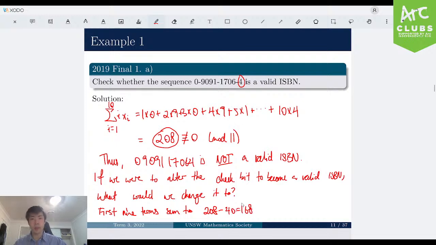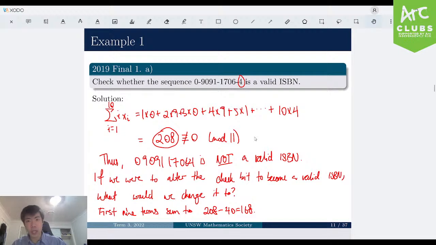Now we know that we need this last check bit to be a number between 0 and 9, such that 168 plus 10 times this last digit is divisible by 11, right?